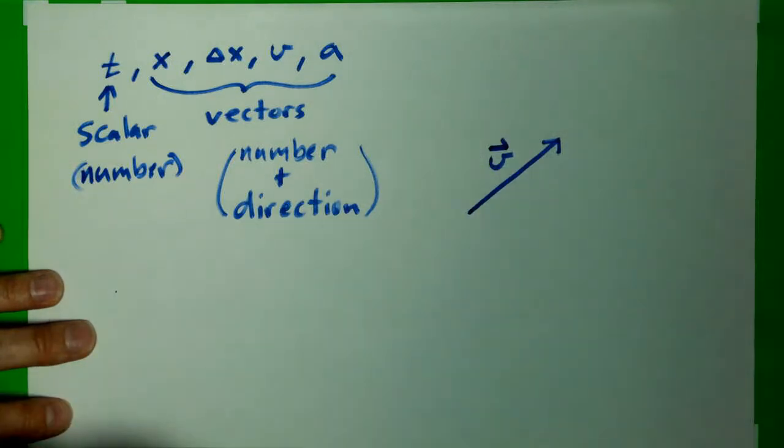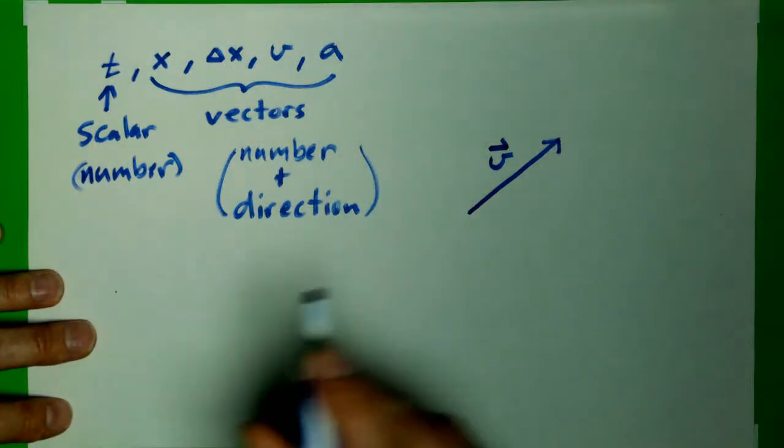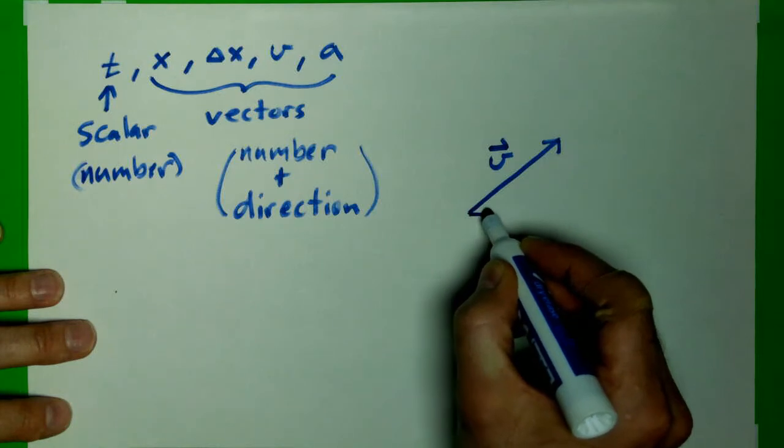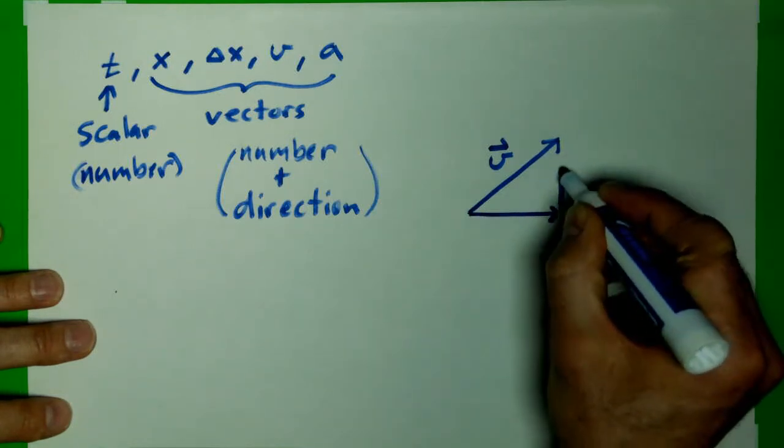So for example, in this one, if I choose a standard coordinate system of to the right being positive x and upward being positive y, then this would have an x component and a y component.